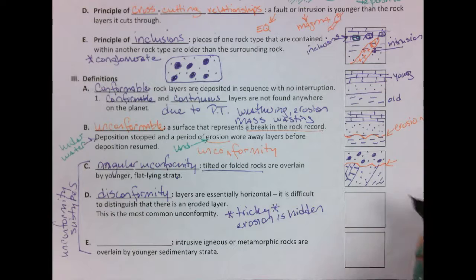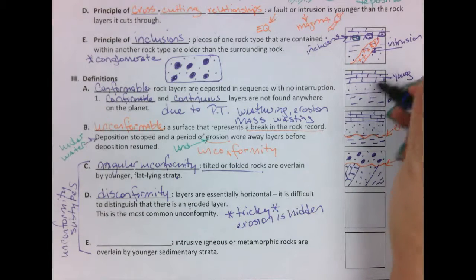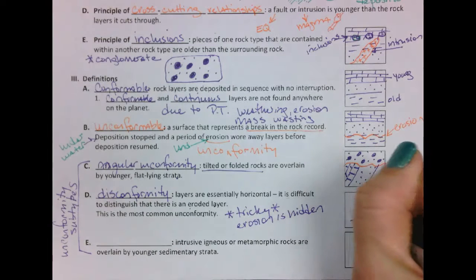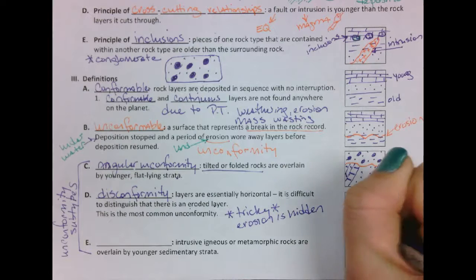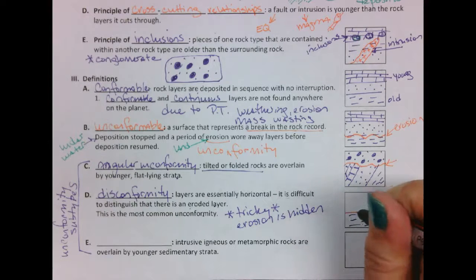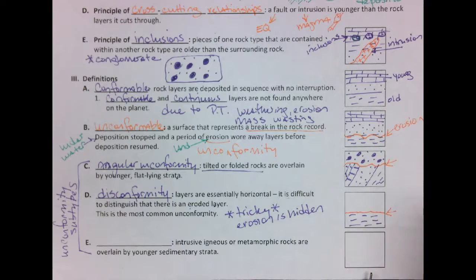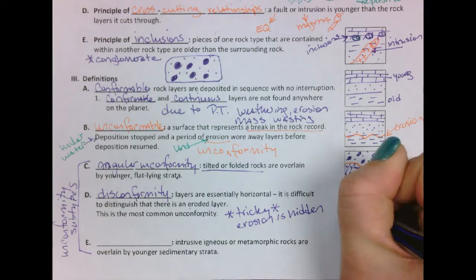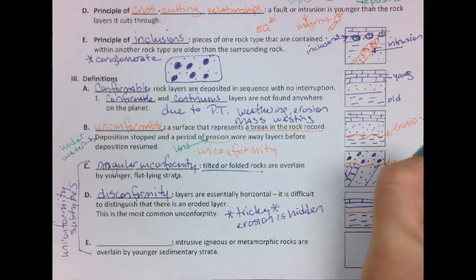If we were to walk upon a disconformity from this sequence, we would have our shale. And there may be a slight obvious erosion line, but probably it's going to fit right in between two layers. And now we have that limestone.